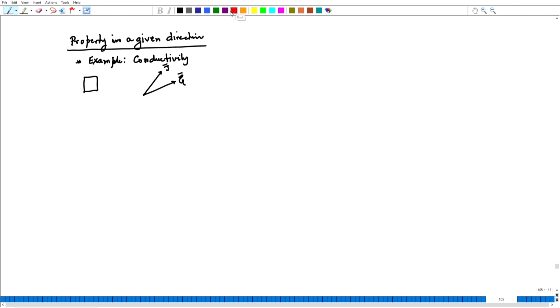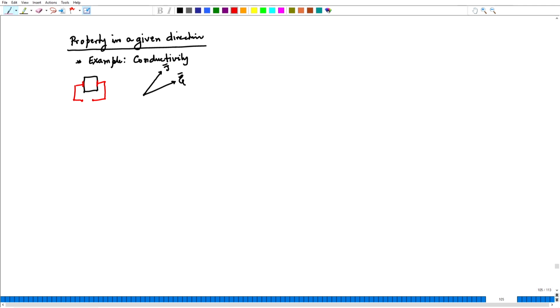So, say I have a crystal and I make some electrical connection to two opposite faces of this crystal, and I apply an electric field. So, I apply some potential to produce an electric field in the given direction, and I can measure the flux in that direction.